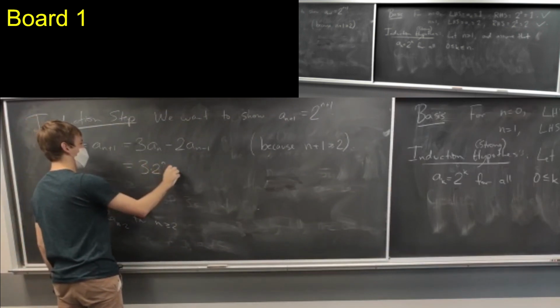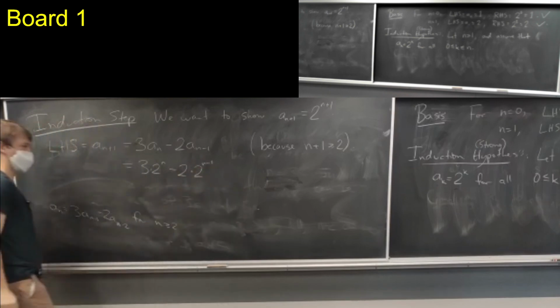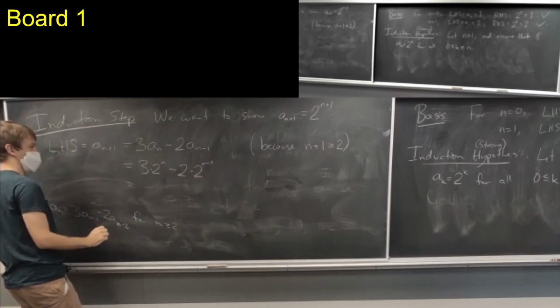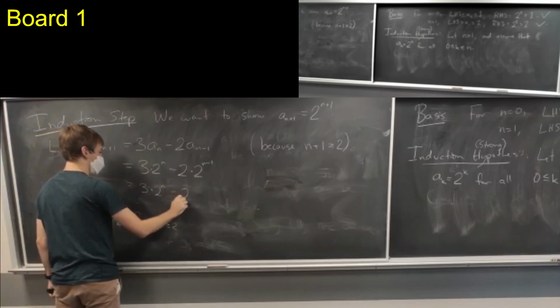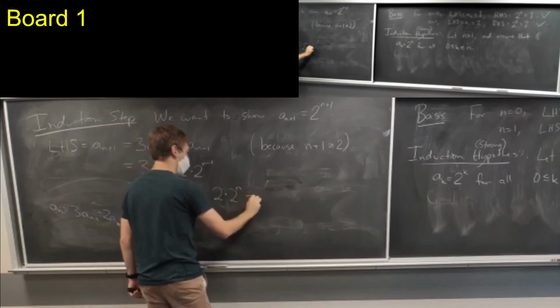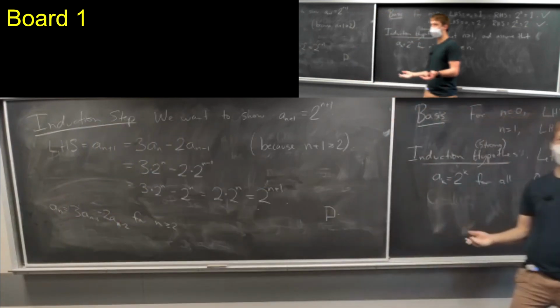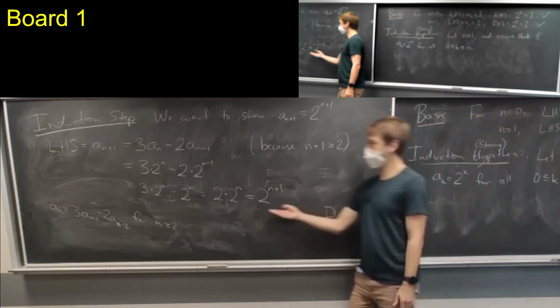So this is 3 times 2 to the n minus 2 times 2 to the n minus 1, which is 3 times 2 to the n minus 2 to the n, which is 2 to the n plus 1. So the conclusion is an equals 2 to the n for all n at least 0. This here is just a bit of algebra, but yeah.